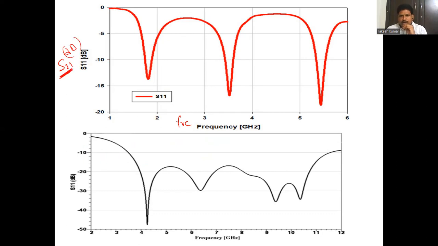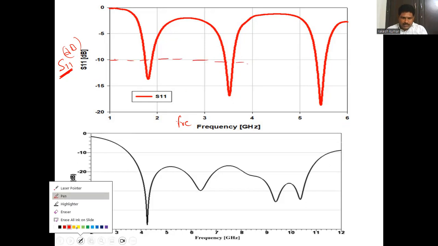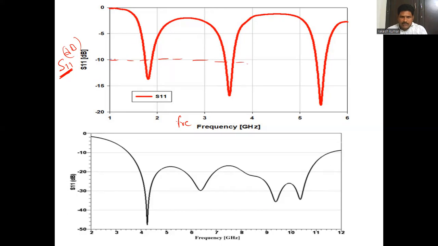So here, the minus 10 dB line, I have already told, is the threshold. Minus 10 dB line is the threshold.